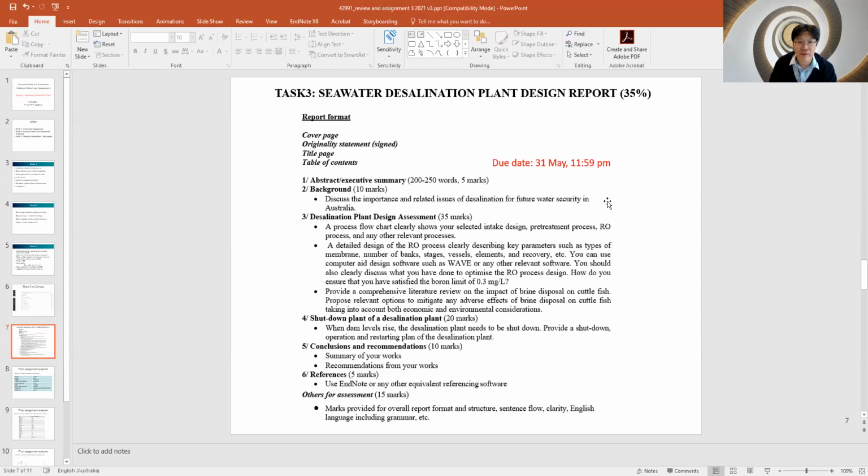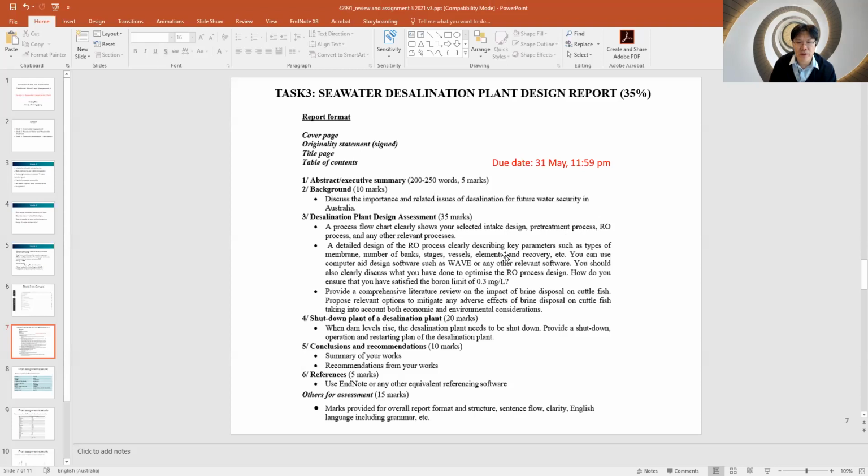So you can mention the future water security in Australia, Sydney, and then how you can make an alternative solution using desalination, and you can cover the plant design, so the process flow diagram, and different technologies you have to address, and the detailed design of the RO process.